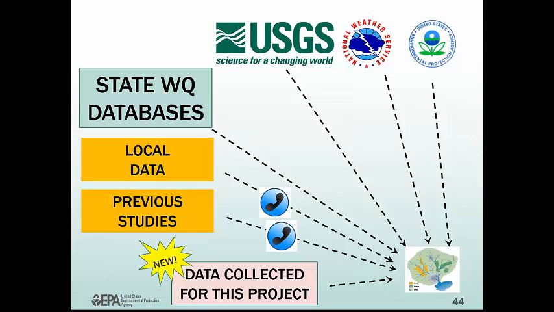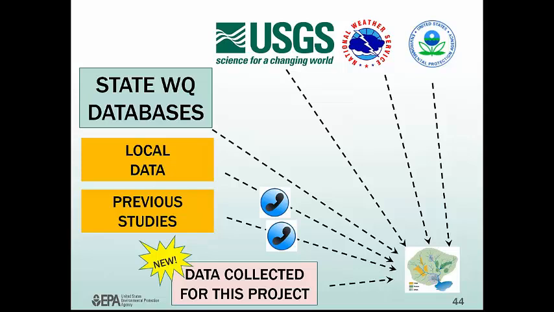So you can get a lot of stuff from the internet, but then you are surely going to need to pick up the phone and look into local data sources. And this is where the local knowledge on your project team can be really helpful, because you might need to be contacting point sources, irrigation districts, dam operators, etc. So you're going to have to pick up the phone and find that data.